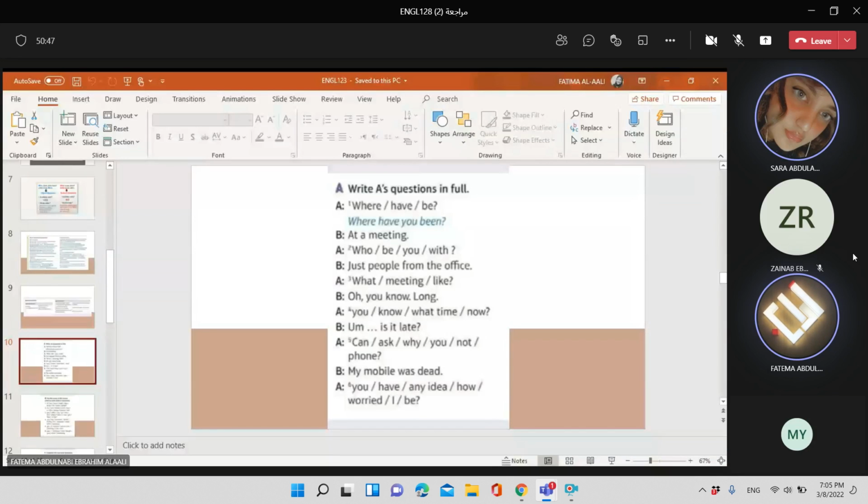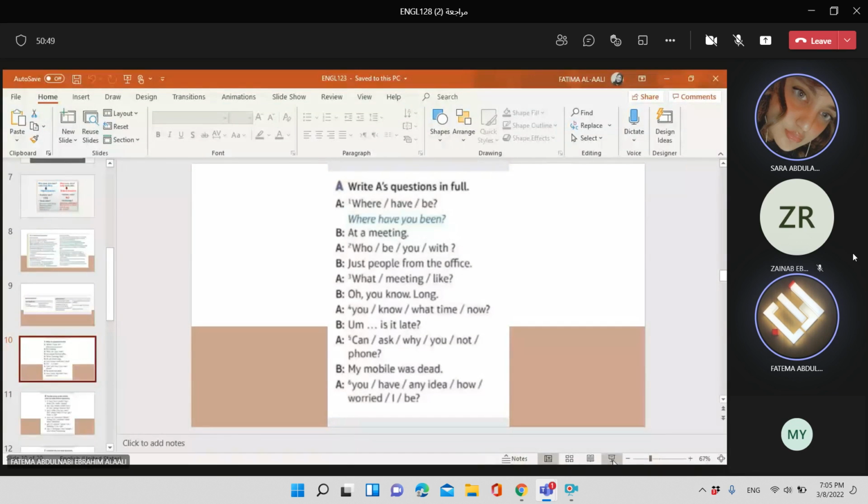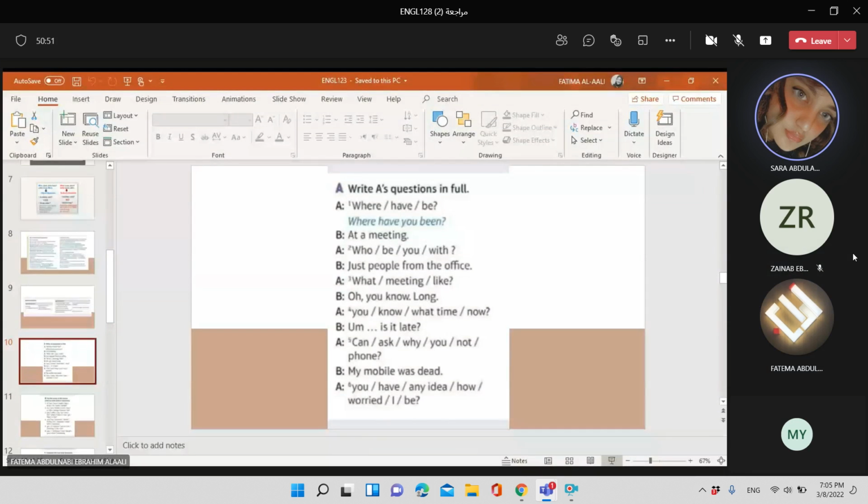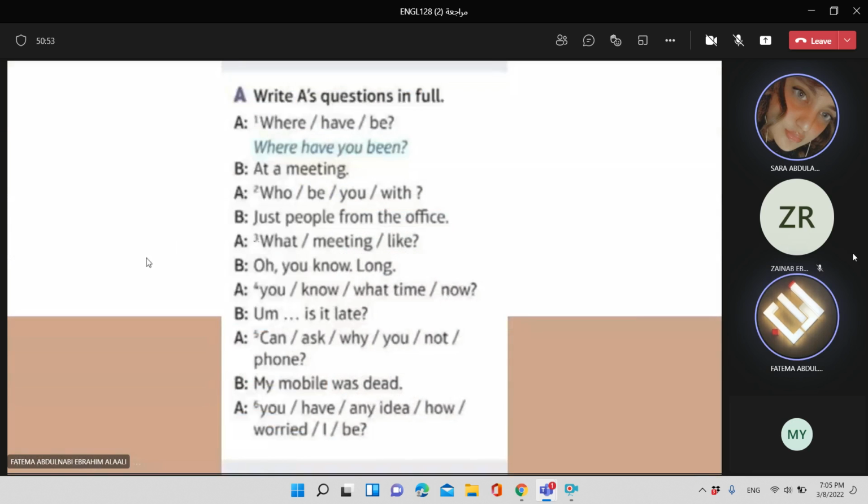So you can see that we have the question word where and the helping verb have and the verb be. So we will guess that the question form will be in the present perfect simple. The verb will be in the past participle متصرف في الأول ولا الثاني الثالث.